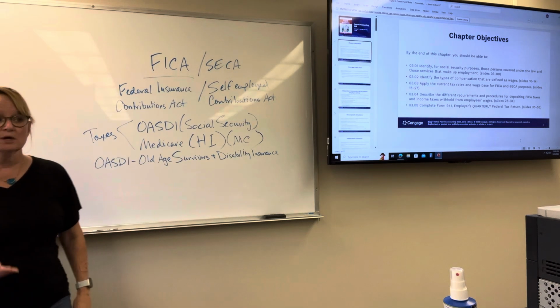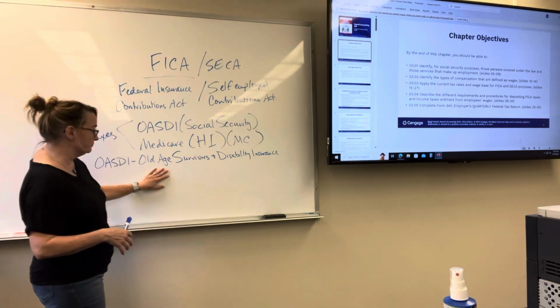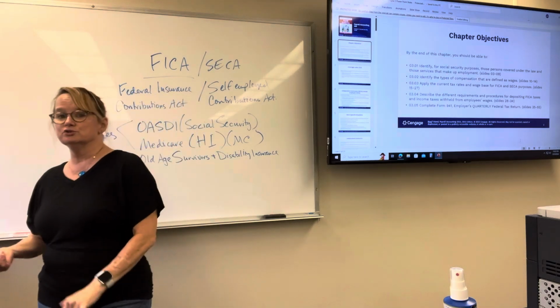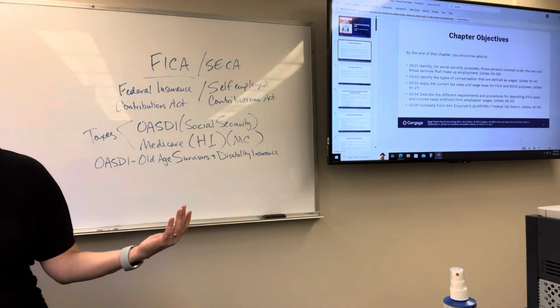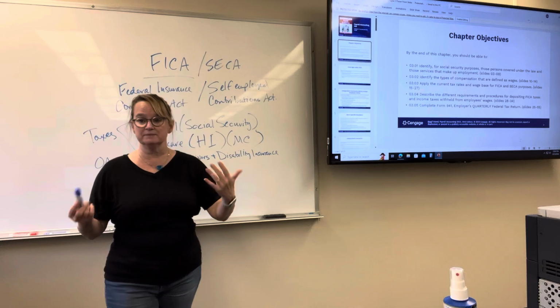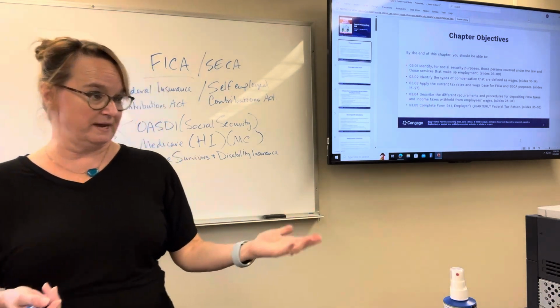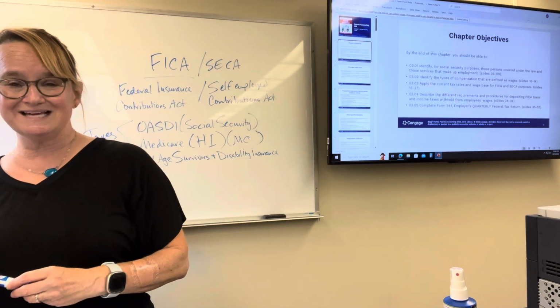But it's more than just retirement. It's more than just a pension for individuals who are of retirement age. It also provides some death benefits to survivors, to dependent children, for individuals who have passed away who would have otherwise collected Social Security. Survivors would be dependent children and the spouses of those dependent children up until those children reach a certain age. I think it's 18.